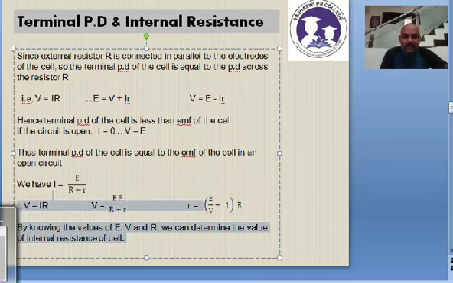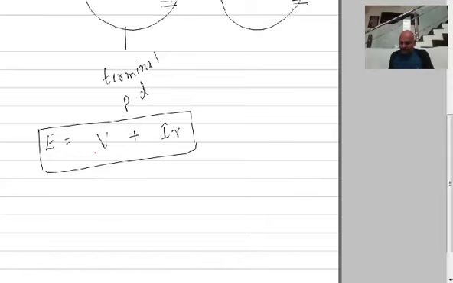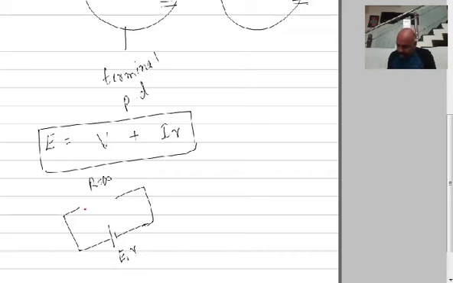To understand that clearly, observe here. I have a cell here, and that cell is not connected to any external resistance. So here we have the EMF of the cell E, and the internal resistance is r. R is equal to infinity. Because R is equal to infinity, there is no current drawn from the cell.